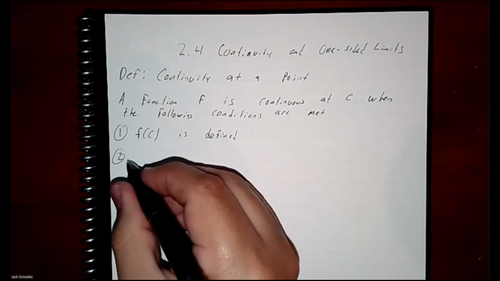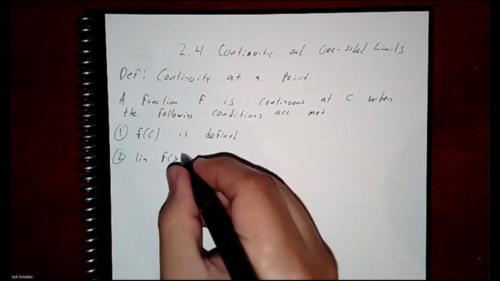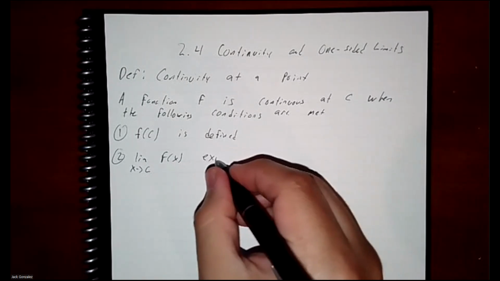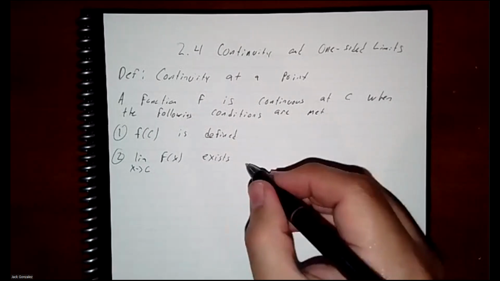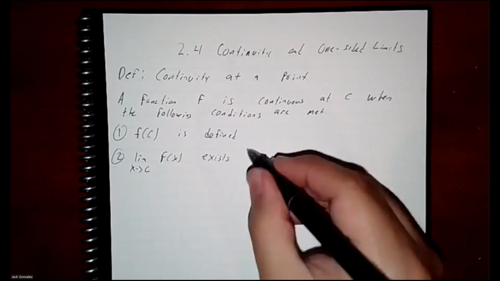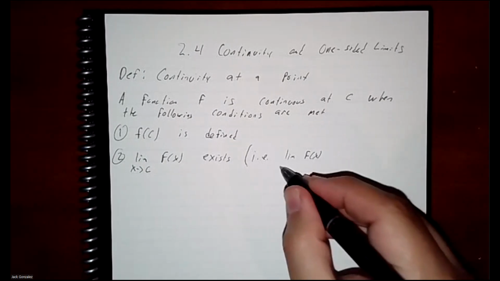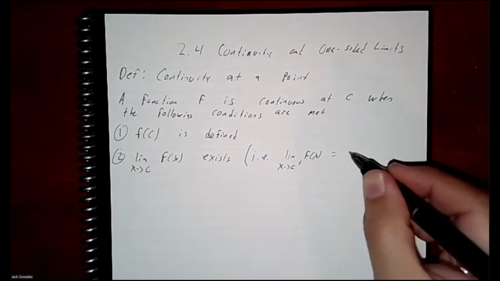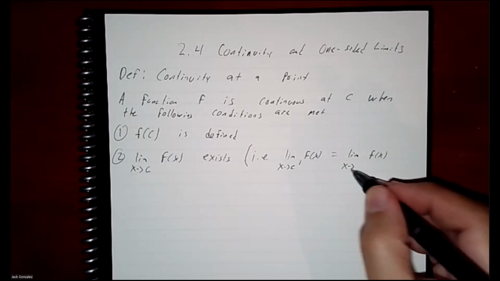Number 2, the limit of the function as x approaches C exists, meaning it's the same from both sides. If it exists, that means it's the same from both sides. That is to say, the limit of f of x as x approaches c from the plus is equal to the limit of f of x as x approaches c from the negative.